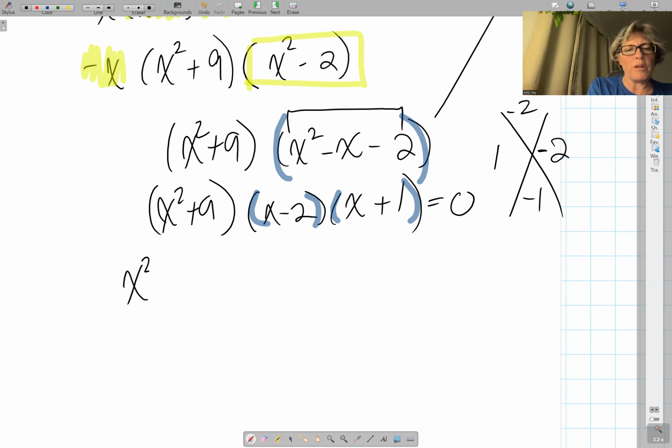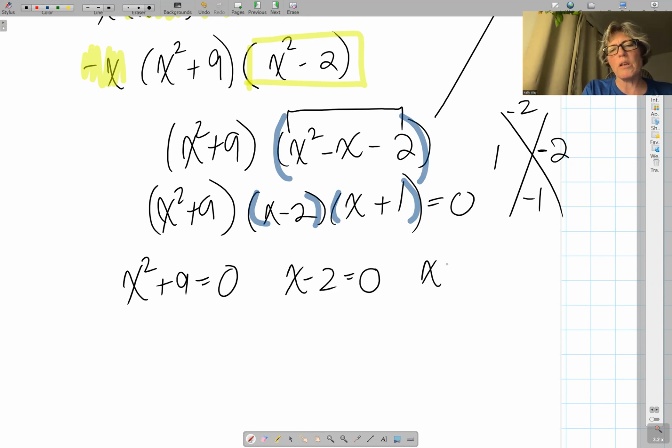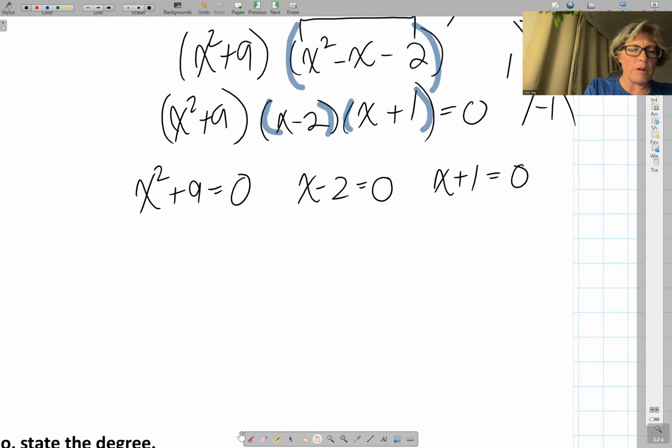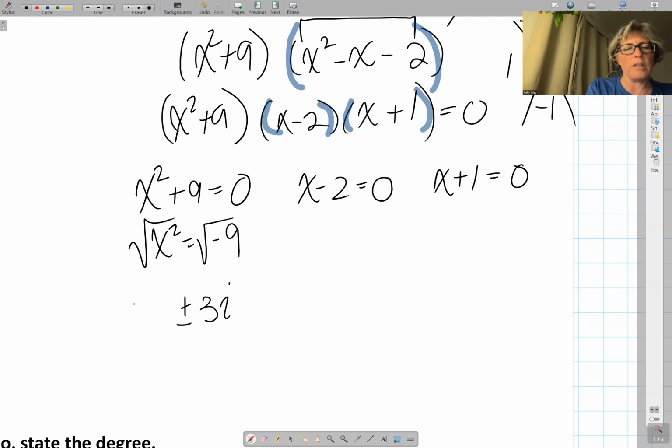So when we break it down, x squared plus 9 equals 0, x minus 2 equals 0, x plus 1 equals 0. And we take it from there. Minus 9, minus 9. x squared equals negative 9. Square root. Automatically, I know I have an i, and it's 3, and then plus or minus. So there's two versions there, technically.